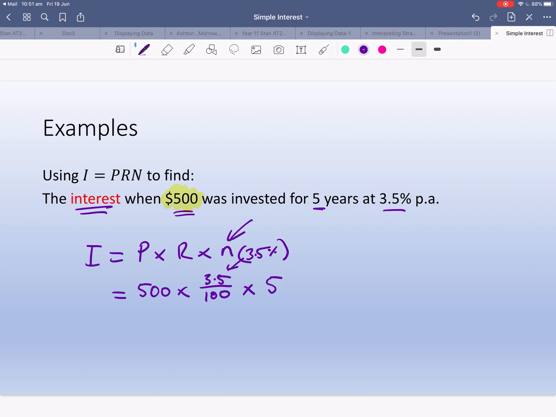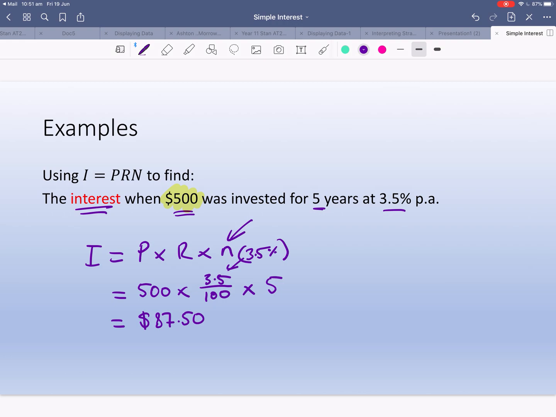Now we simply just put this in our calculator. I've got my calculator here, so I'm going to times it by all those things that I talked about, and we should get an answer. So the interest was $87.50.